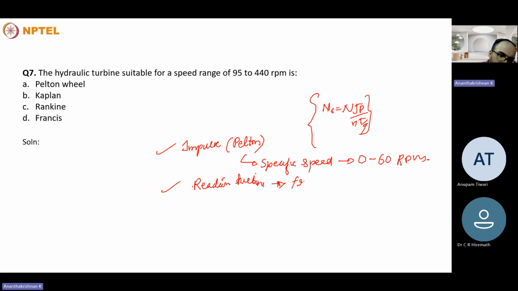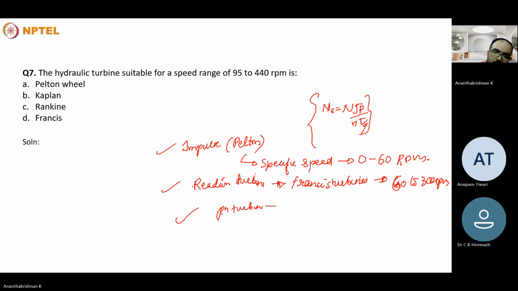For example, the Francis turbine, which operates somewhere between 60 to 300 RPM. And then there is another kind of reaction turbine called the Kaplan turbine or propeller turbine, which is purely axial in nature and operates in a very high RPM range, somewhere greater than 300 RPM in all the cases.